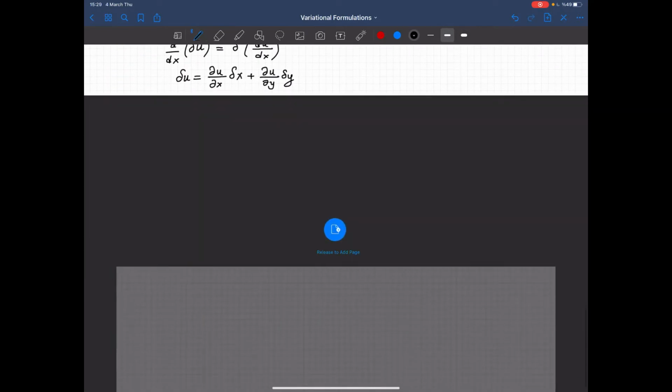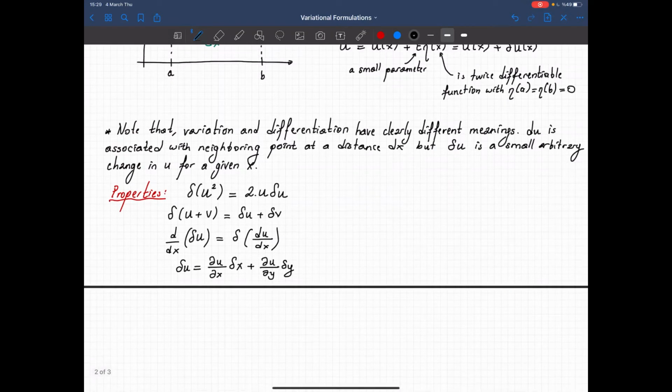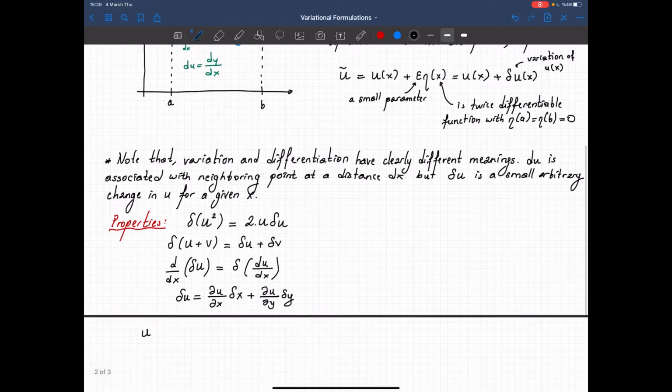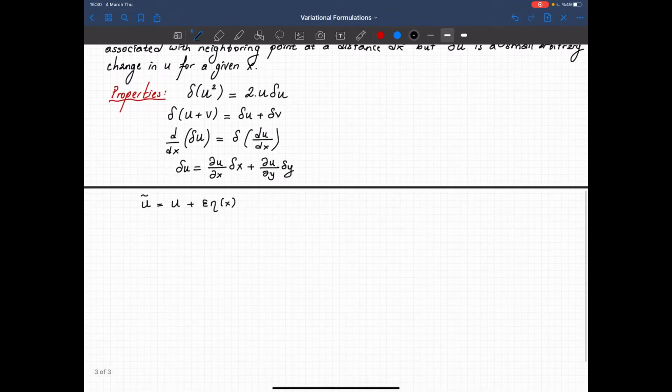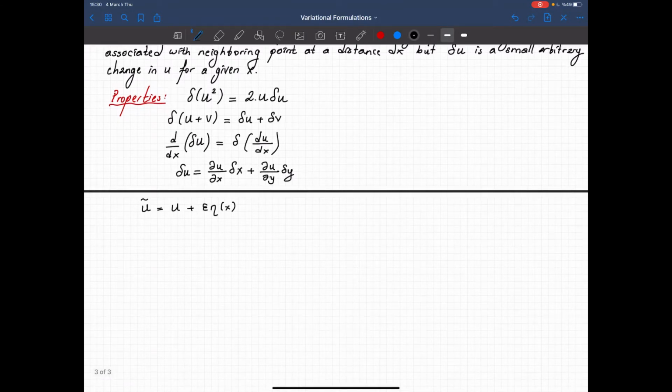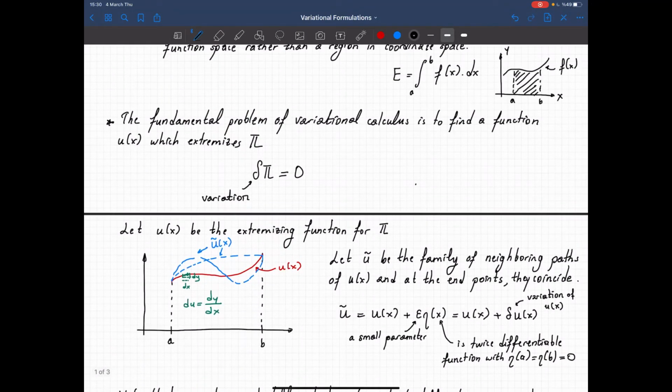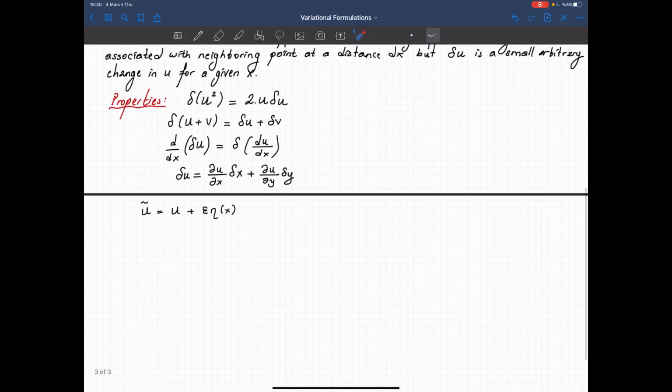Alright, so let's come back to where we left. So these are the properties of the variation. So we said that u hat is equal to u plus a small parameter times a function. And our aim, let's come back here, our aim is to find a function u which extremizes the functional.